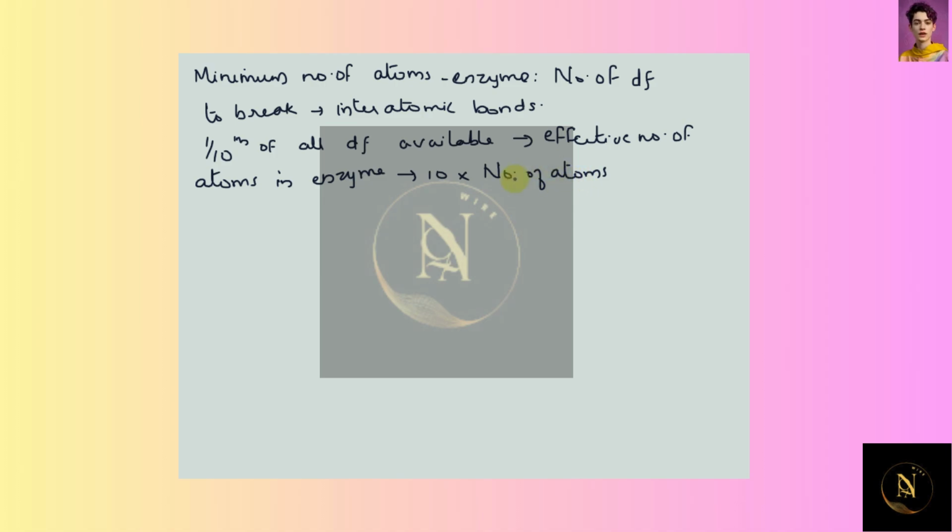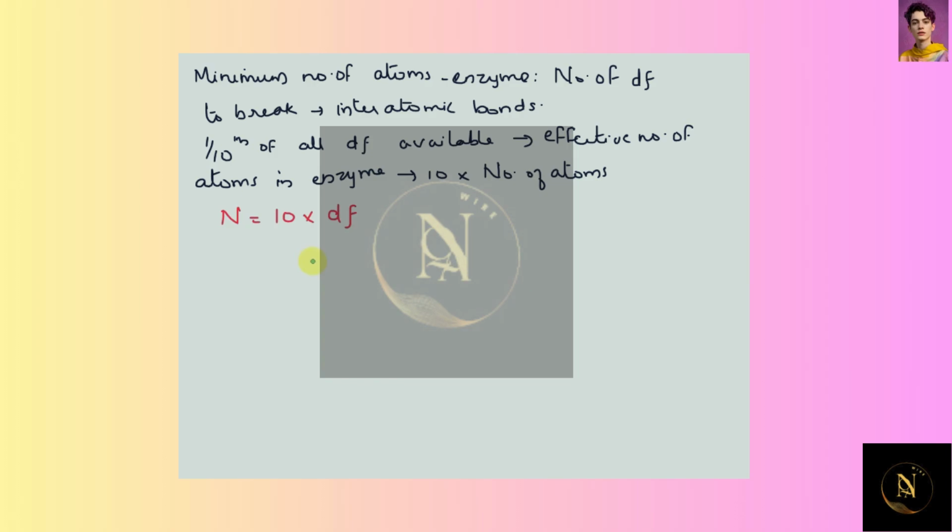Let us assume that each atom in the enzyme can contribute to breaking the bond. In this case, the number of atoms required in the enzyme is given by an equation: number of atoms N is equal to 10 times the degrees of freedom.